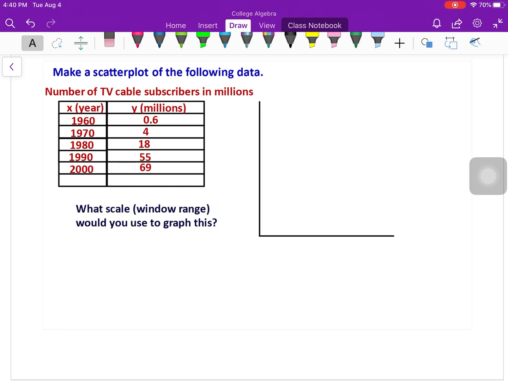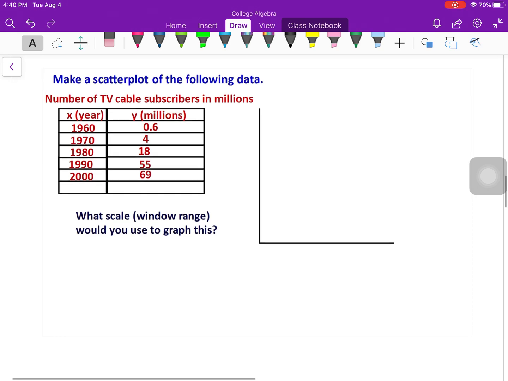And anytime we have the years, we're going to list them according to 2 digits or 1 digit. So this would be the year since 1900. So we would enter 60, 70, 80, 90, and 100.